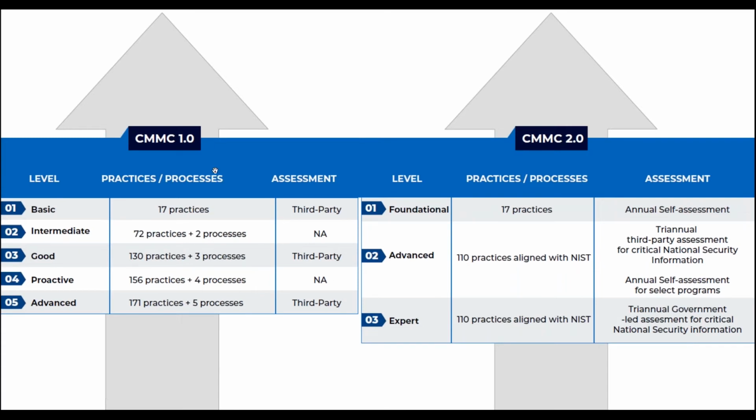CMMC 1.0 had 5 levels, CMMC 2.0 has 3 levels. It has now been coordinated with the NIST guidelines, which have 110 practices, to make it simpler. But rest assured, simpler doesn't mean easier.